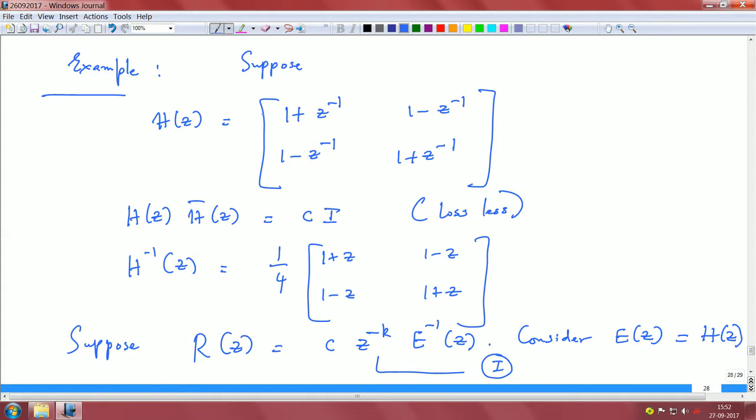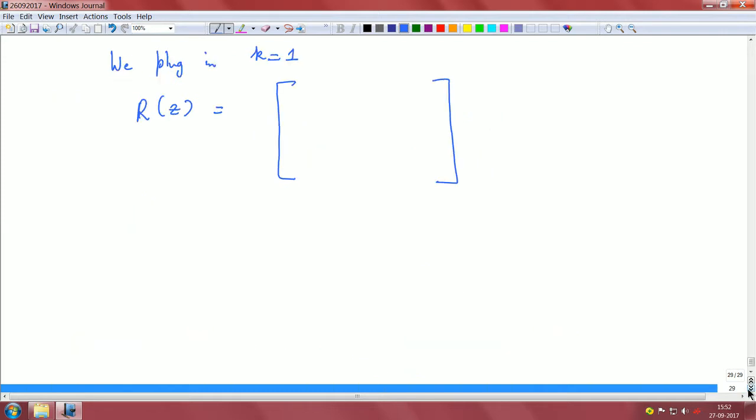So basically it is z power minus 1 times this term, and so forth. So I do this, I get 1 plus z power minus 1, minus 1, 1 plus z power minus 1.